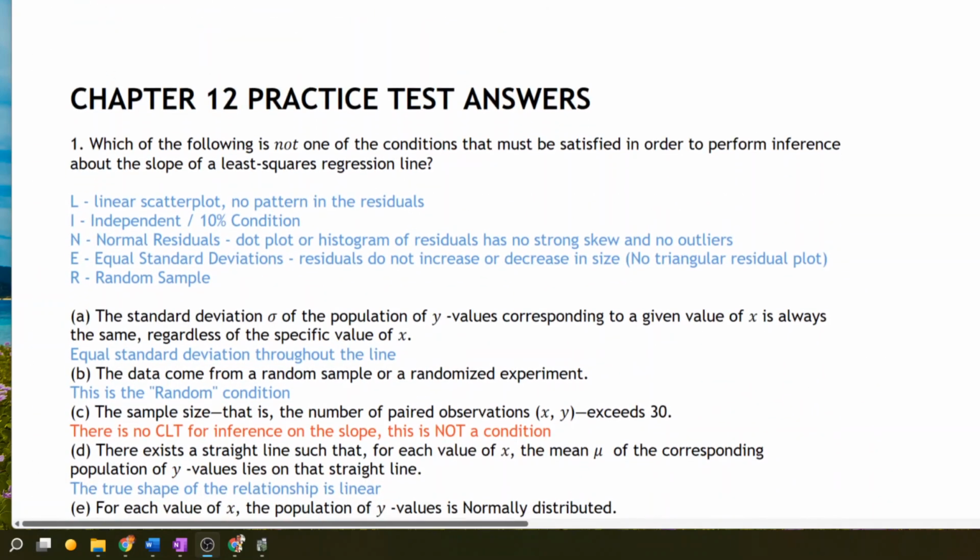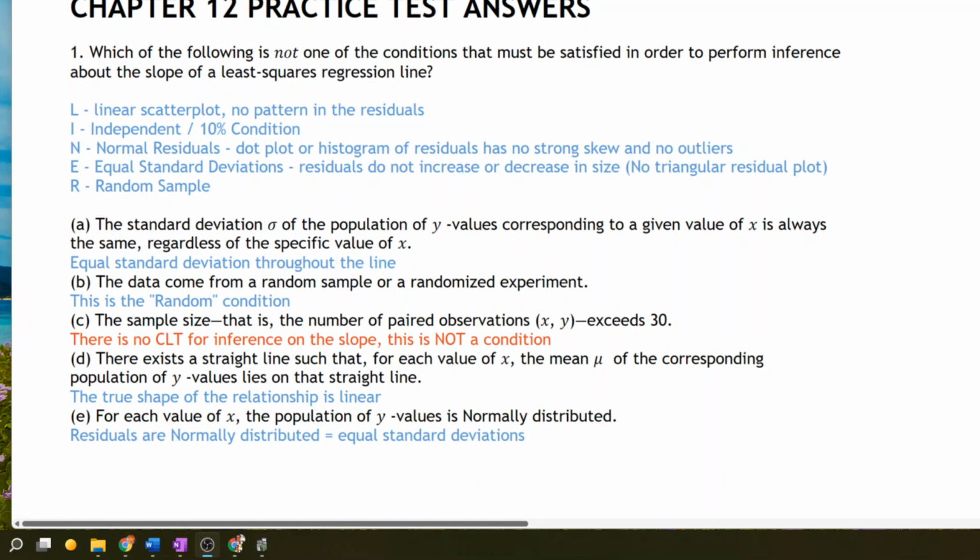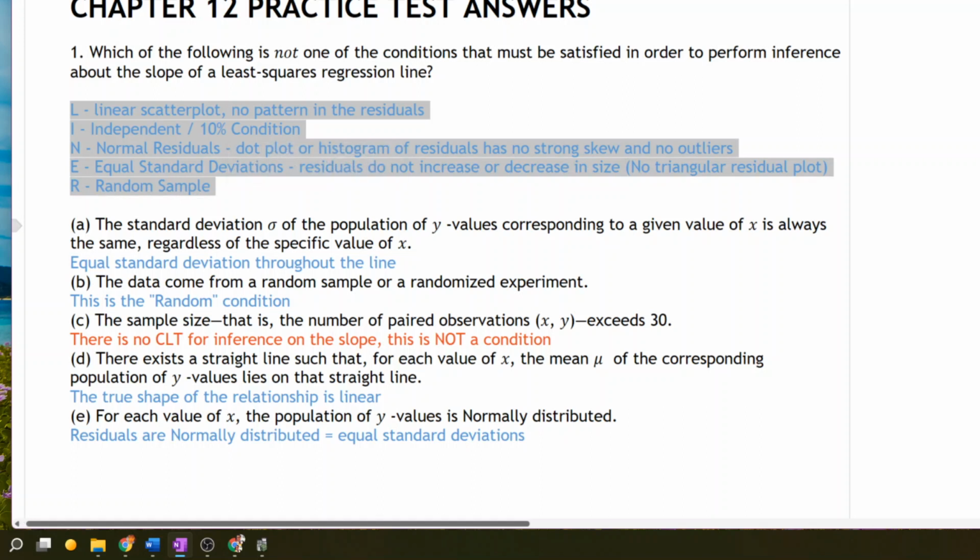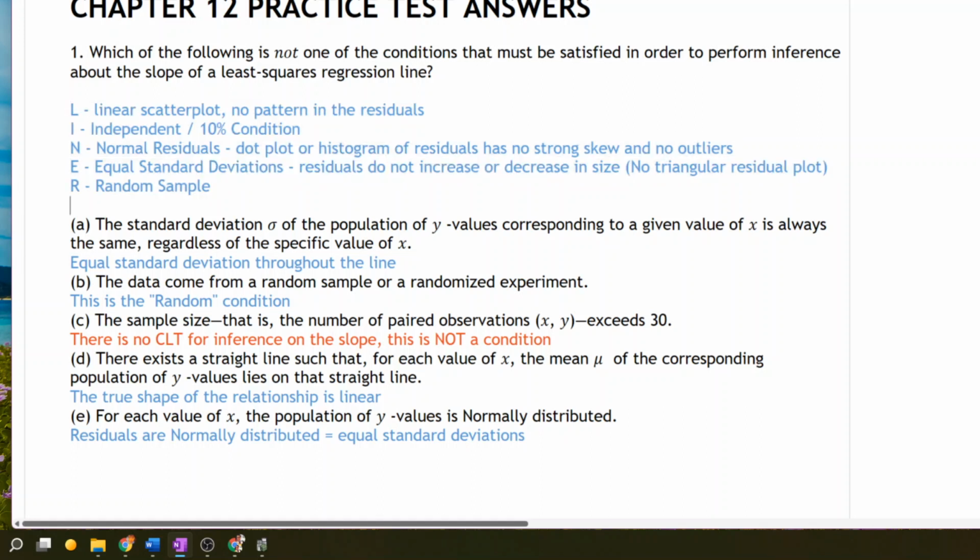The conditions for a test: linear, scatter plot, no pattern in the residuals; 10% independence, or the 10% condition; normal residuals, the dot plot of the residuals needs to have no strong skews and outliers; equal standard deviation, residuals do not increase or decrease in size; and then random sample.